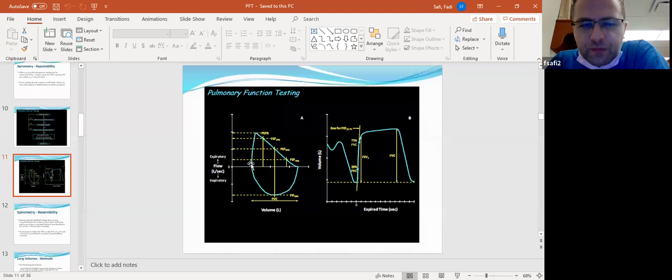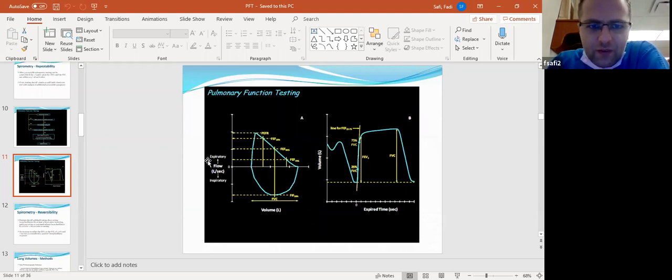Now, what point is this point? We call it the peak expiratory flow rate. This point is important in asthma because that's how you know if asthmatic individuals are in exacerbation or not, by their peak expiratory flow rate, which is here. And remember, the peak expiratory flow for the spirometer is 14 liters per second.